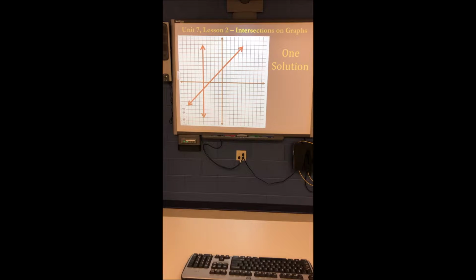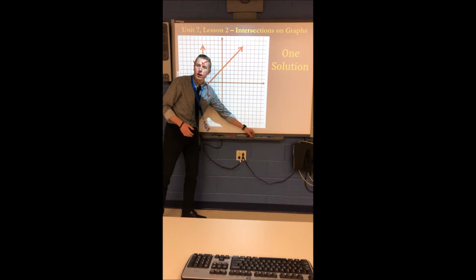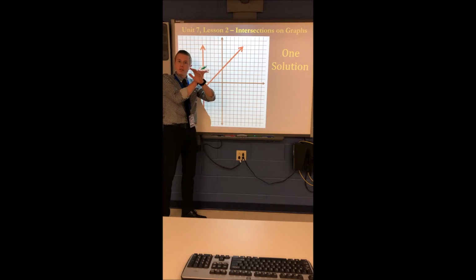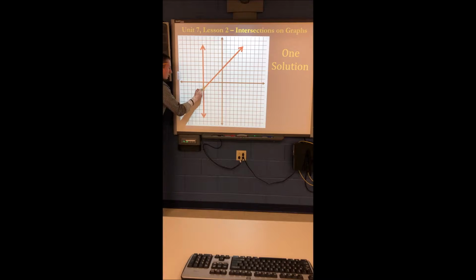All right. This is an example of a graph of a system that has one solution. Right now, real quick, think about why this might have one solution. So the reason why we say that this system has one solution is because it intersects in one location here.